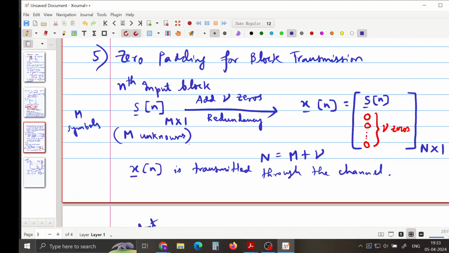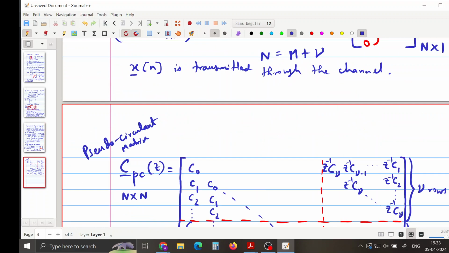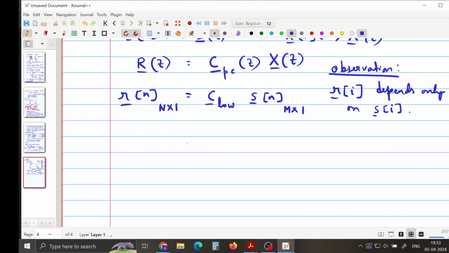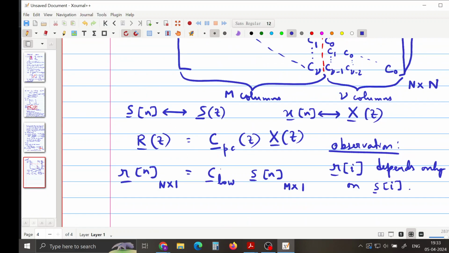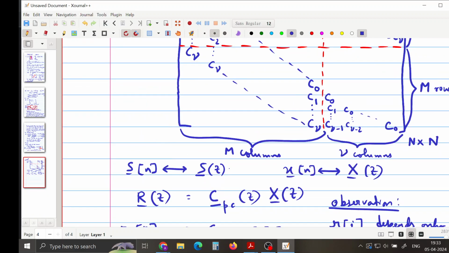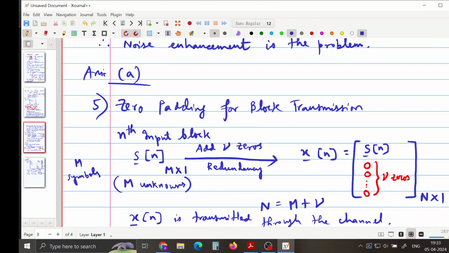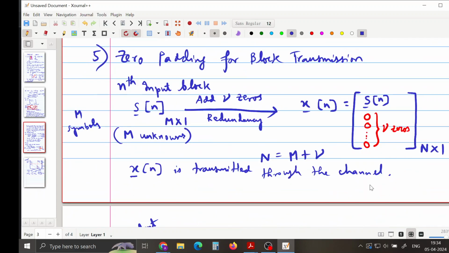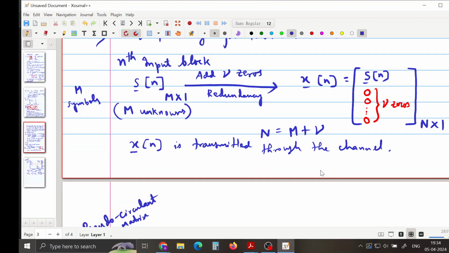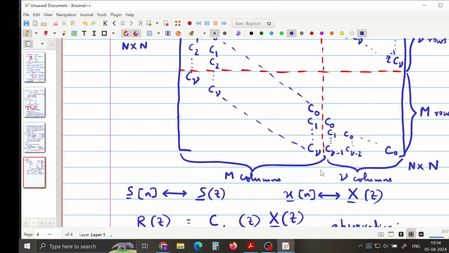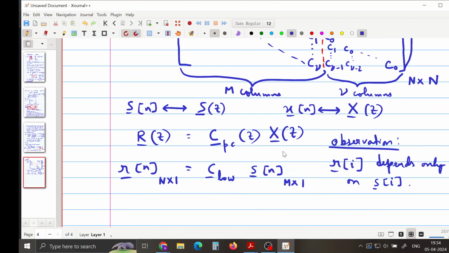Initially we saw m symbols in a vector. How I am arriving at this step is that x of n contains s of n and some mu number of zeros. So if you compute x of z, you have s of z and the rest are redundant zeros, so they won't have any contribution.